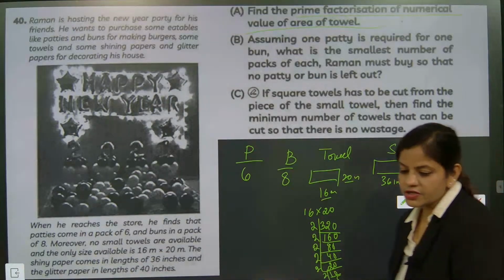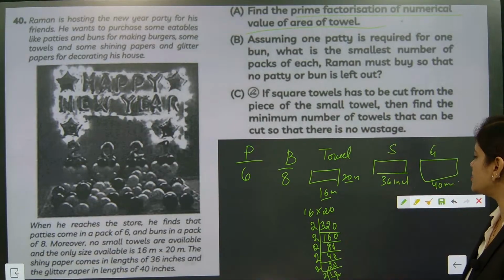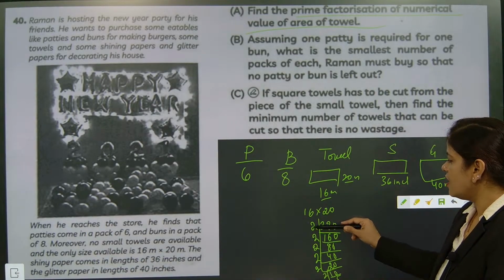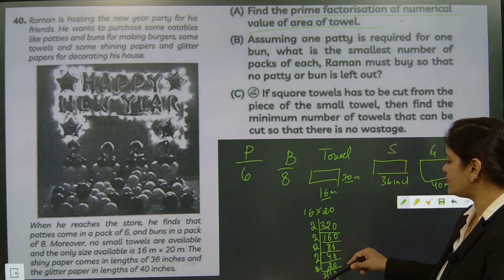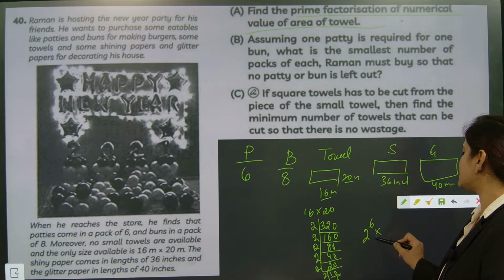I hope you have understood this one. So the numeral value's prime factorization is 2 to the power 6 into 5.